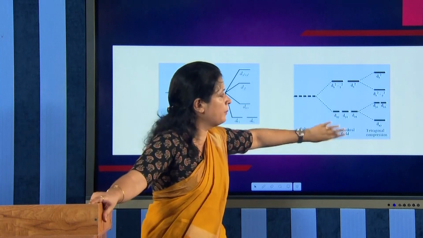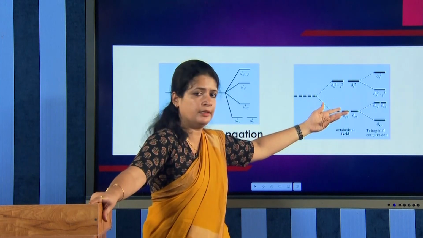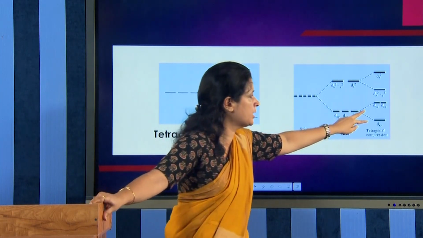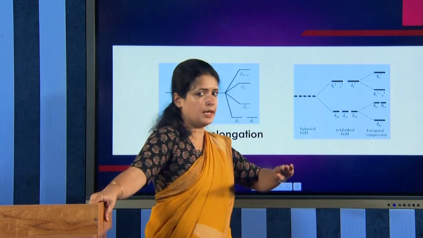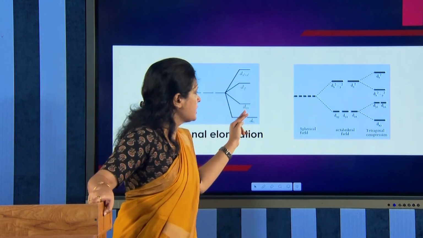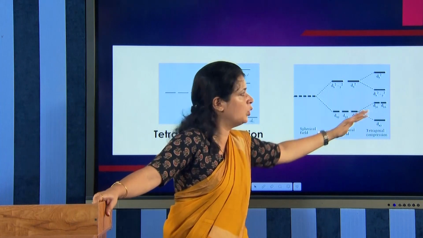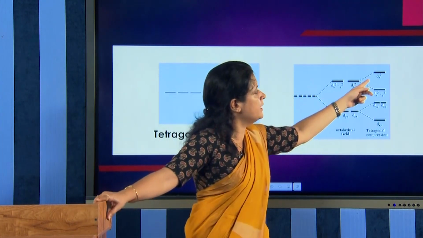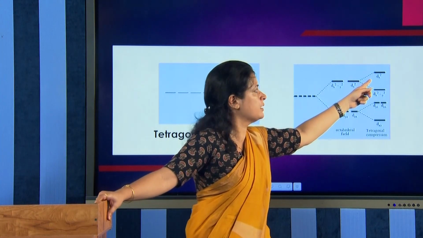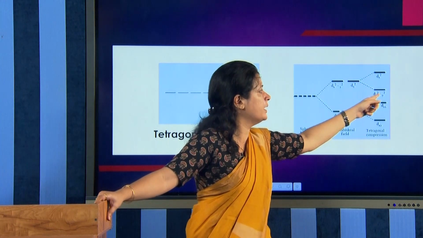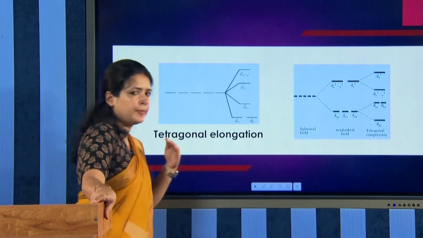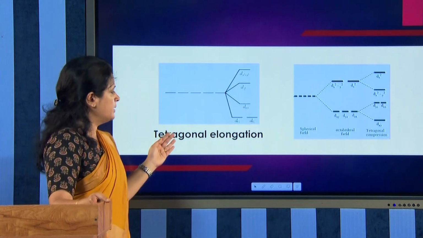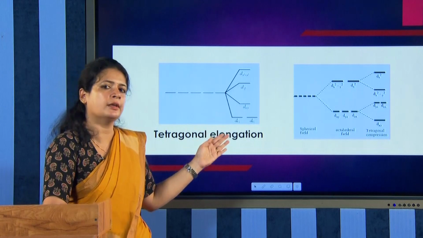In the tetragonal compression, it is just the reverse. dxz and dyz have a greater energy, and dxy has a lower energy. In the case of EG orbitals, dz square has a greater energy, and dx square minus y square has a lower energy. So, that is the tetragonal elongation and the tetragonal compression.